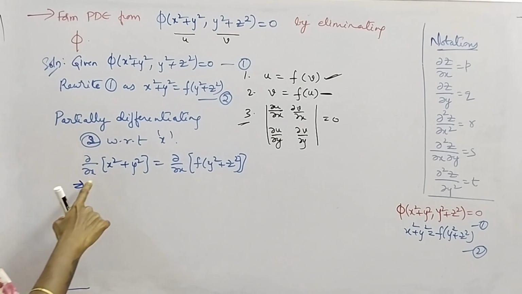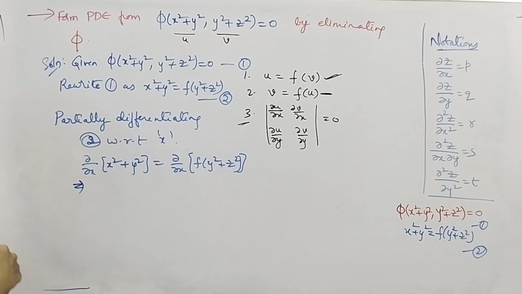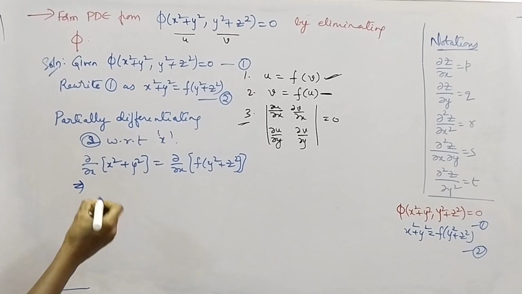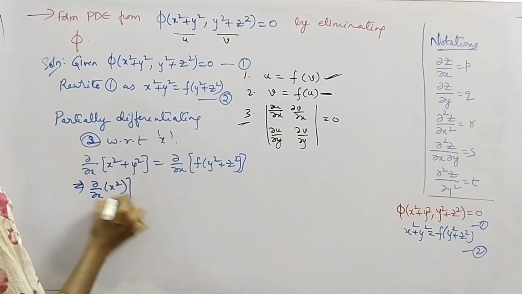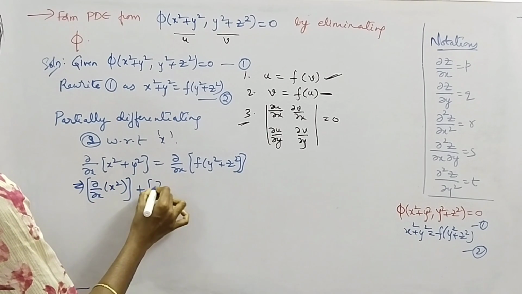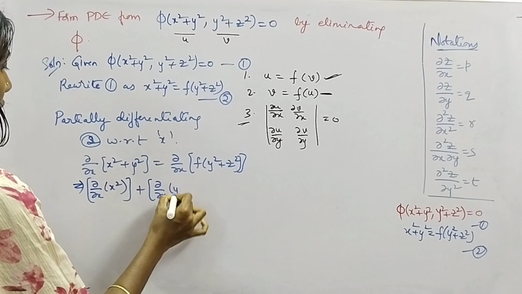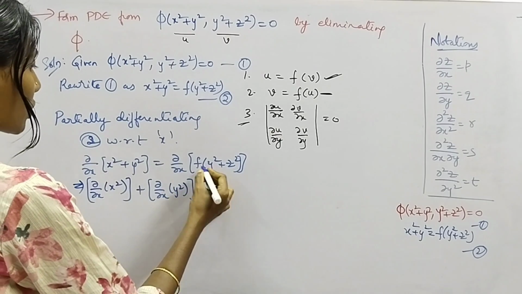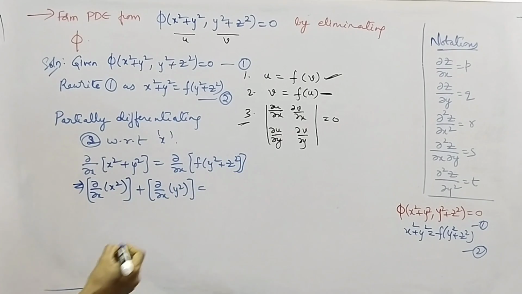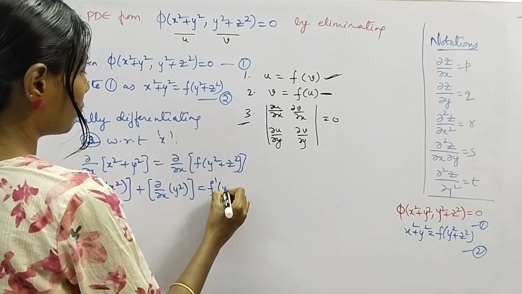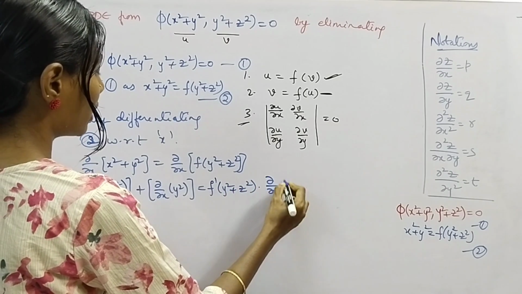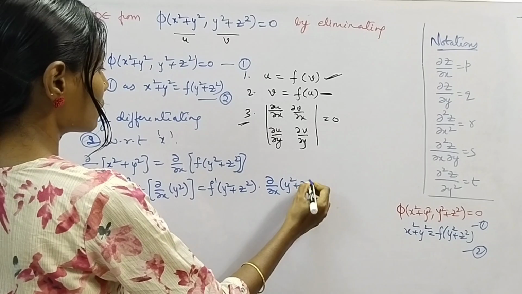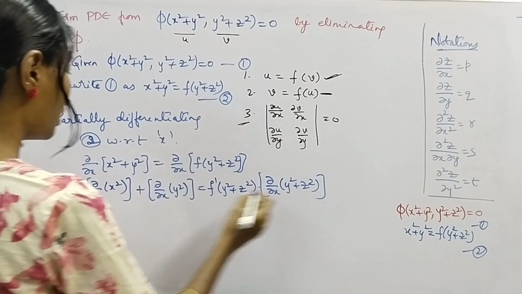This gives us, since we are partially differentiating with respect to x, so we'll treat y as constant. This gives us partial derivative of first term plus partial derivative of second term equal to partial derivative of f of y square plus z square, which gives f dash of y square plus z square into inner derivative, that is dou by dou x of y square plus z square, right?